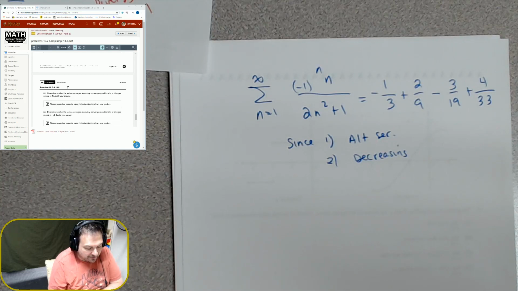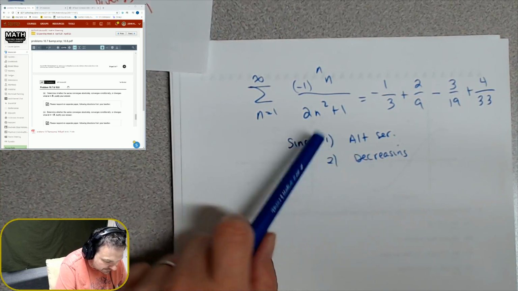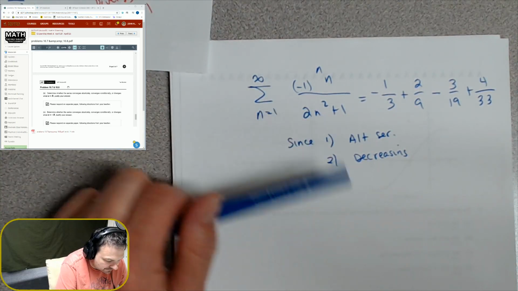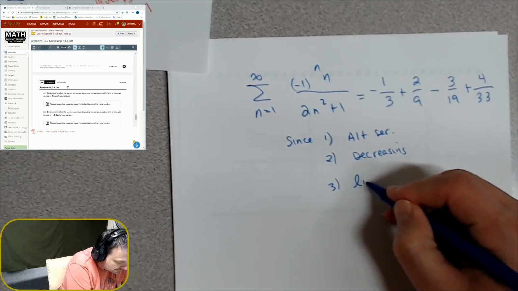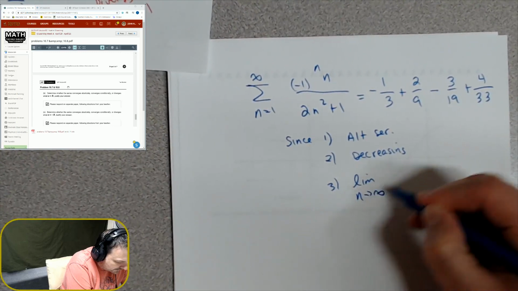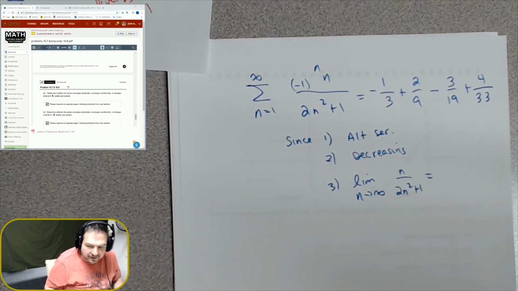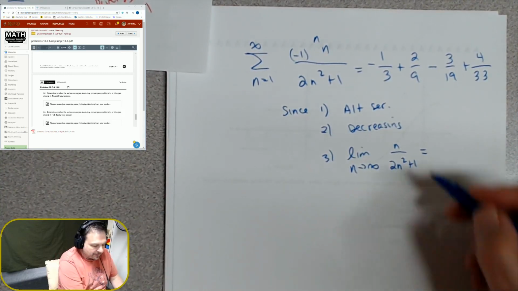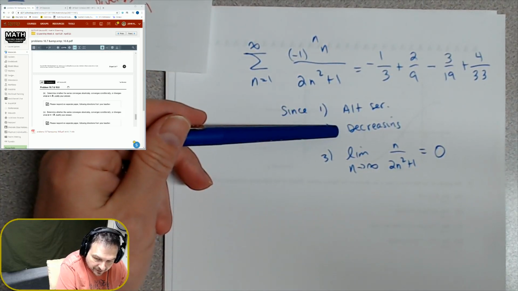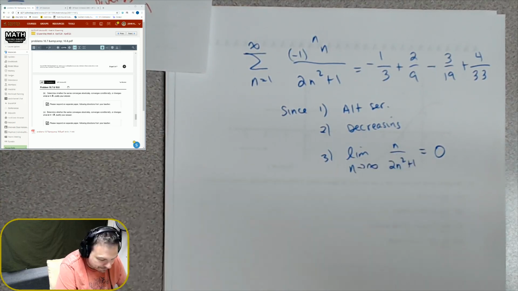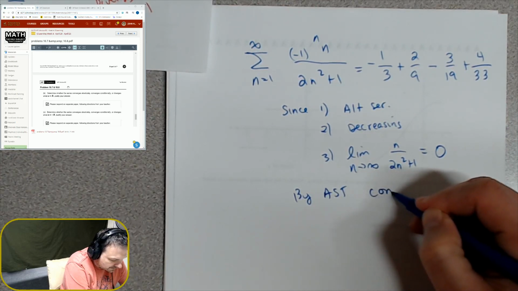Now, how do you want to prove it's decreasing? We could take the derivative and use a little quotient rule, but it's good enough to say you've considered it. Since this is an alternating series that's decreasing, what's the limit as n approaches infinity? Again, not of the alternating part. We could go top heavy, bottom heavy, even Steven here. This limit is 0. So you say, since this is an alternating series that's decreasing, whose limit approaches 0, by the alternating series test, this converges.